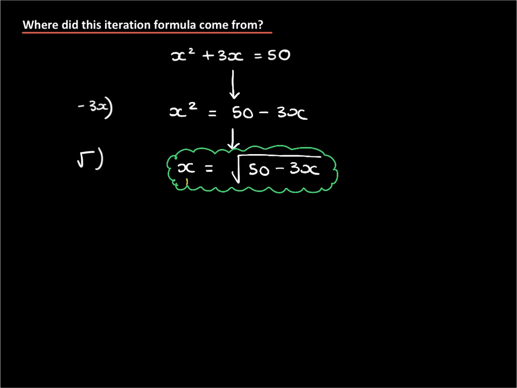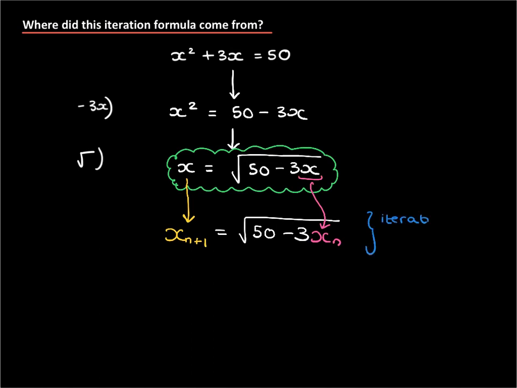And what I'm going to do is take this x here and rewrite it as x_(n+1) equals the square root of 50 take away 3, and then this x over here, I'm going to write it as x_n.